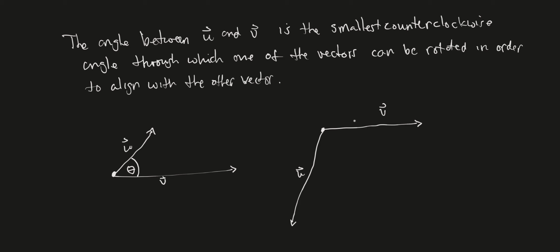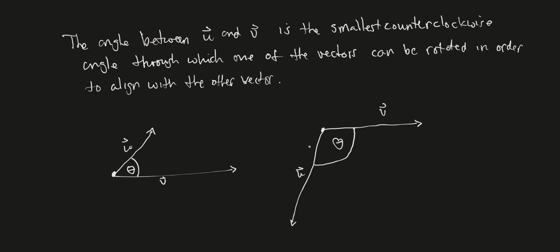So it wouldn't be this angle because that would not be the smallest, right? So I would start with U and rotate it that way, and then that would be the theta, right?